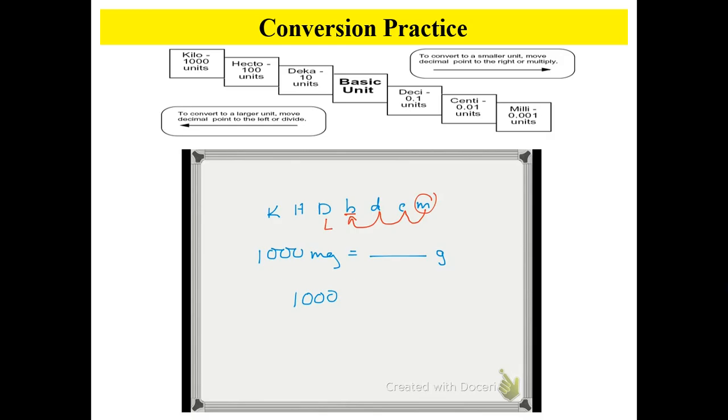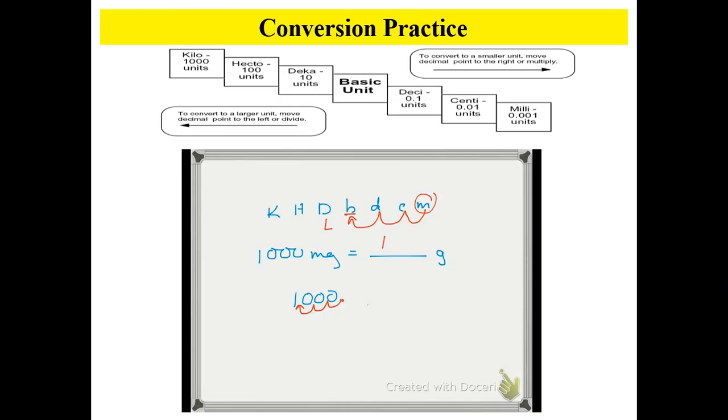Then you come down to your rewritten number. Your decimal point, if there isn't one showing, is always on the right. And you're going to move that decimal point 3 places to the left. 1, 2, 3. That's where your new decimal point will go, right at the end of that arrow. So if I rewrite the answer, the answer is 1, then here's my decimal point.